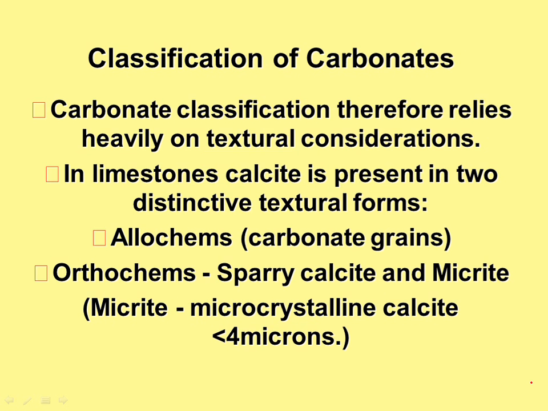Micrite is a shortened version of microcrystalline calcite, and by that we mean calcite crystals that are less than 4 microns in size. In other words, obviously very fine-grained calcium carbonate.